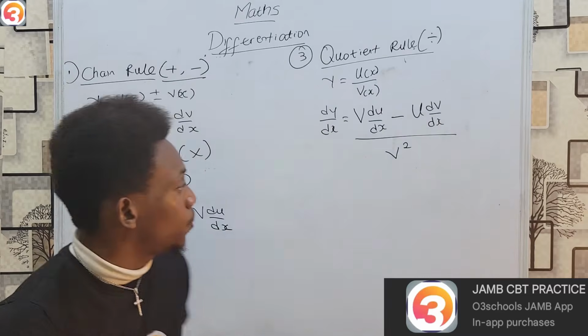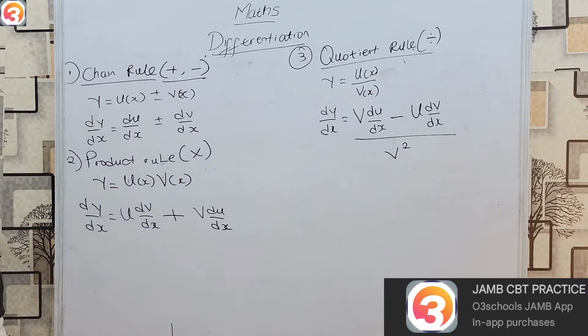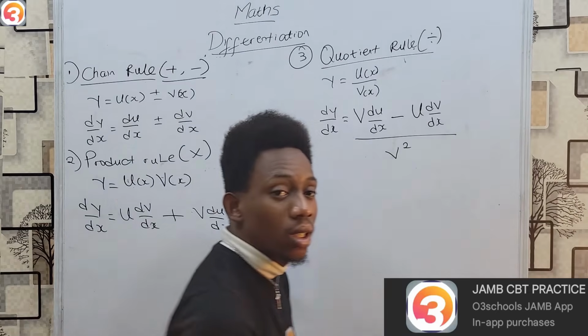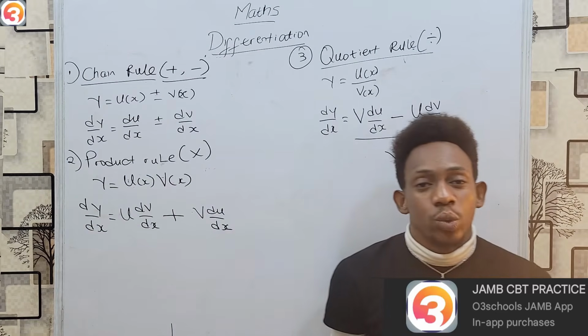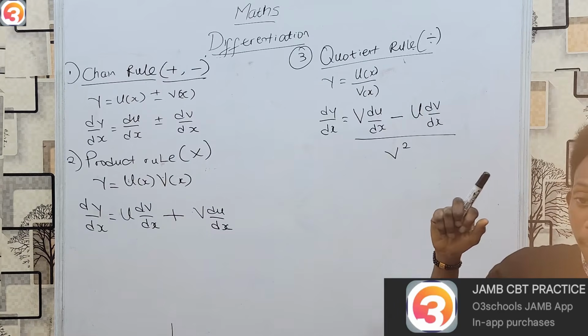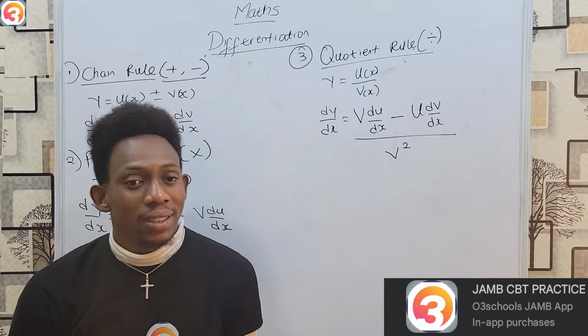It is that simple. So please note, in the product rule, you can mix them up. It doesn't matter what you do first, because there is an addition sign in the middle, and addition, as we know, is commutative. 2 plus 3 is 5, 3 plus 2 is 5. It doesn't matter which comes first. However, here we are subtracting, and as we know, 3 minus 2 and 2 minus 3 are not the same thing.